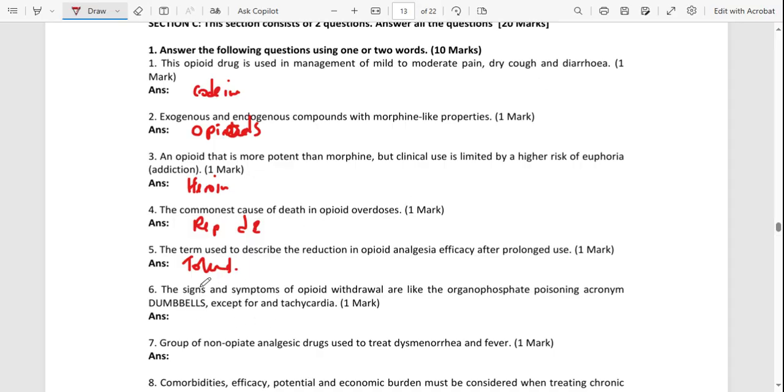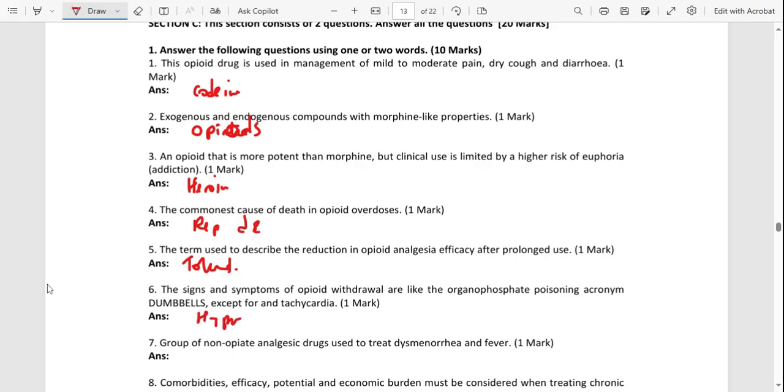The signs and symptoms of opioid withdrawal are like the organophosphate poisoning acronym DUMBELLS, except for tachycardia. For organophosphate poisoning, it's just different from opioid withdrawal, like when you're trying to stop. In opioid withdrawal, there is tachycardia and hypertension, which are not in DUMBELLS.